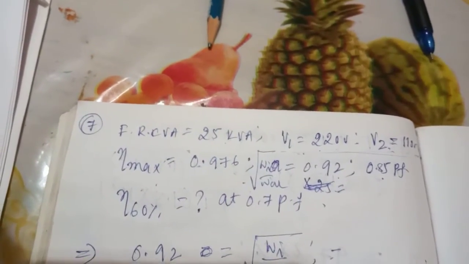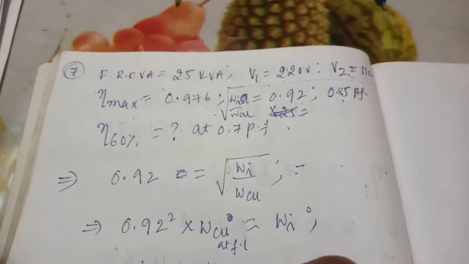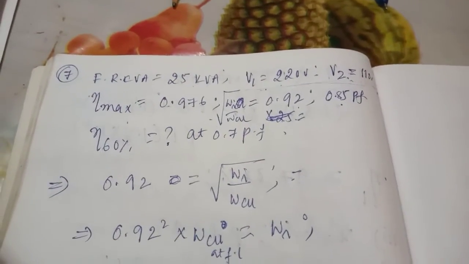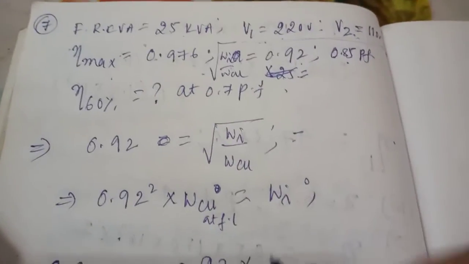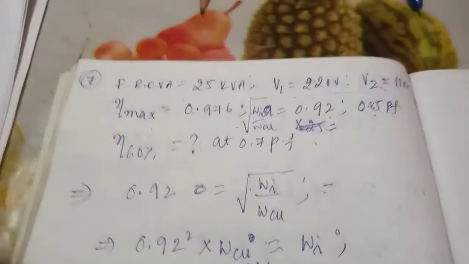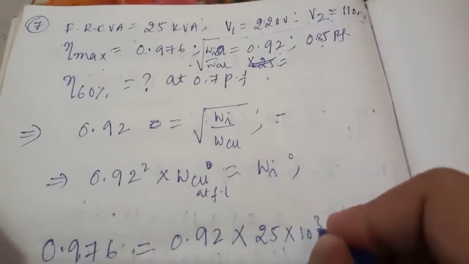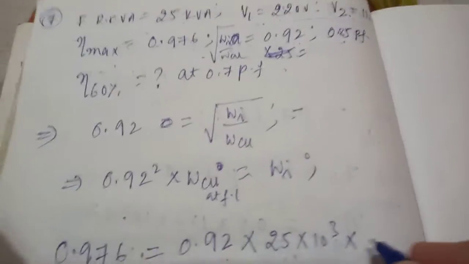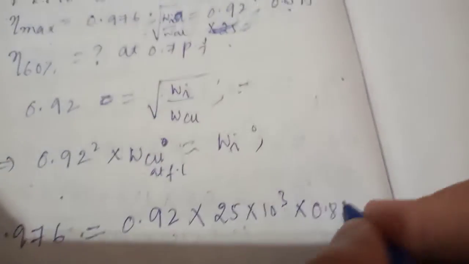Efficiency of around 0.976 is the maximum efficiency, equal to what is the percentage of load? 0.92, that is x is equal to 0.92 at which the efficiency is maximum. 0.92 into what is the full rated kVA? 25 into 10 to the power of 3 into power factor. What is the power factor they have given? 0.85 power factor.